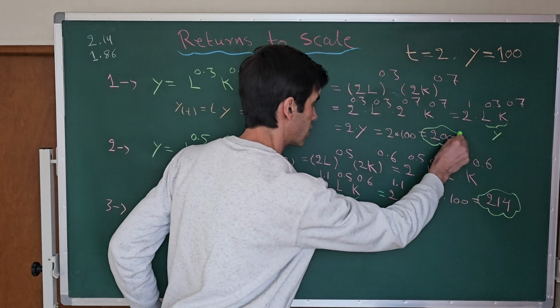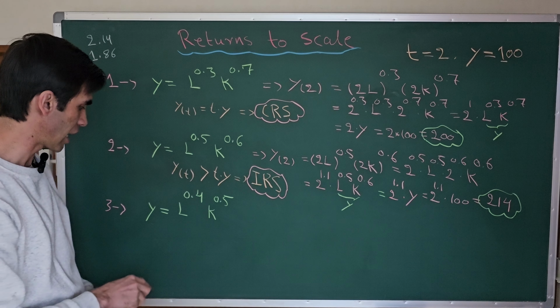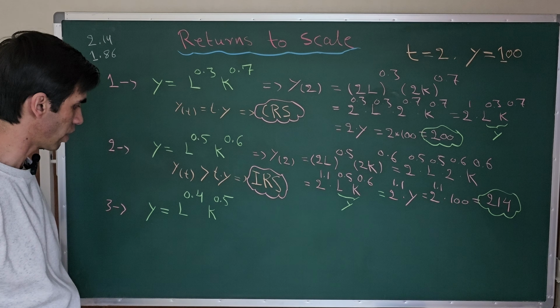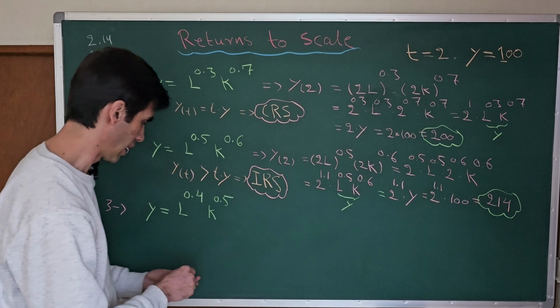So let's make this one clear as well. In the case of the third Cobb-Douglas production function, which is y equal to L to the power of 0.4, K to the power of 0.5, let's solve this one.